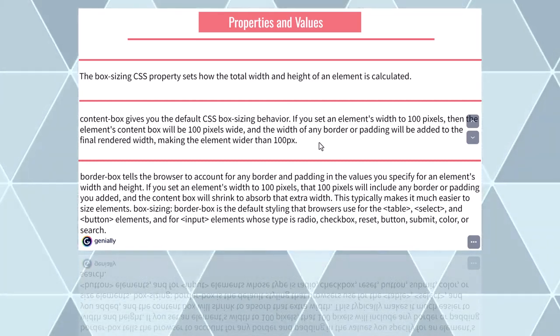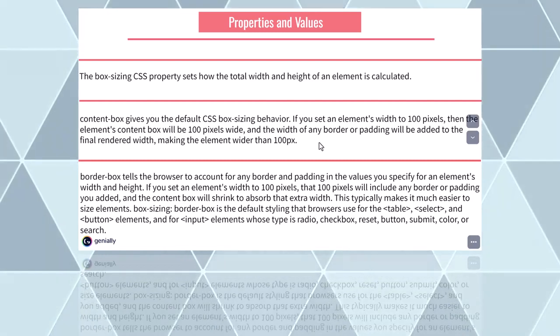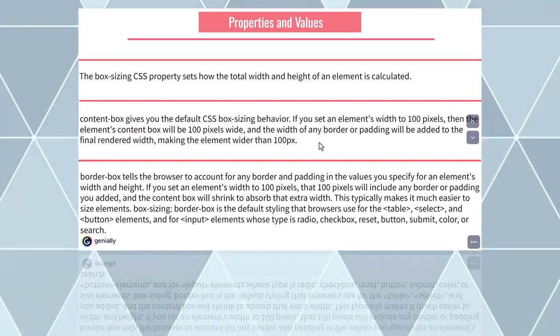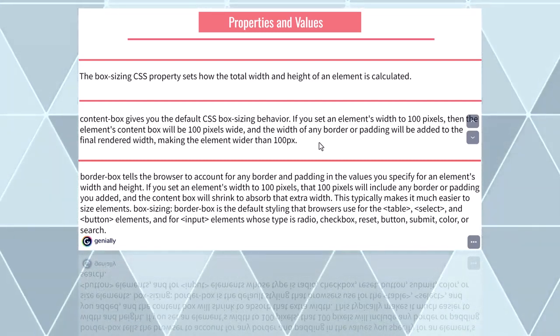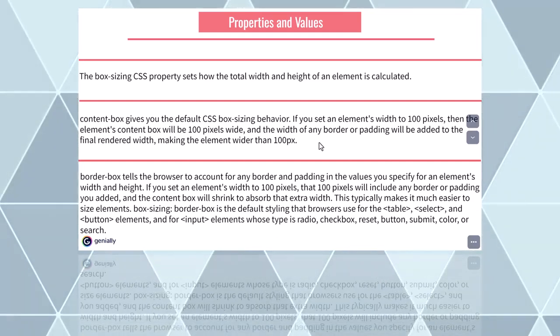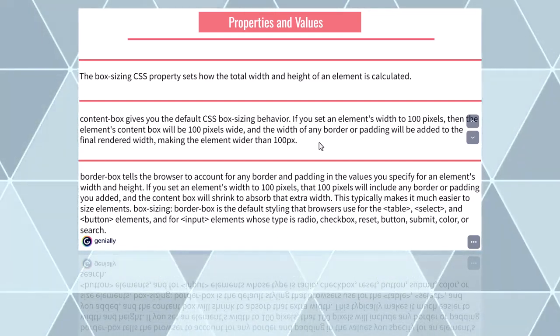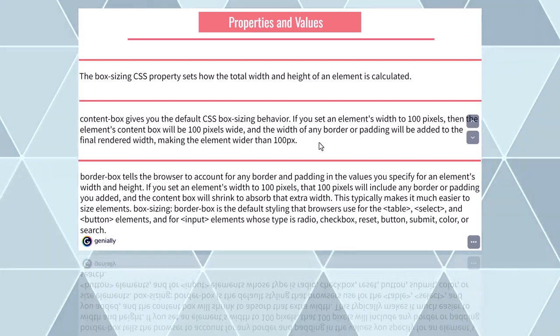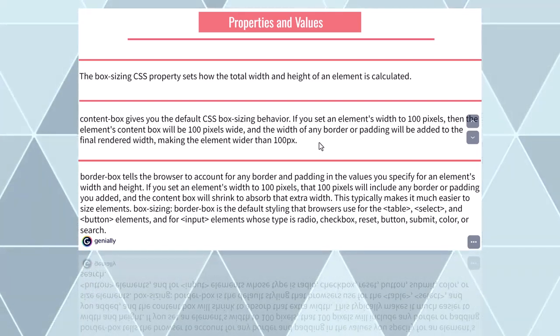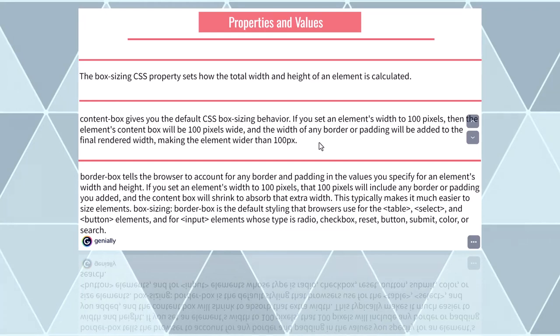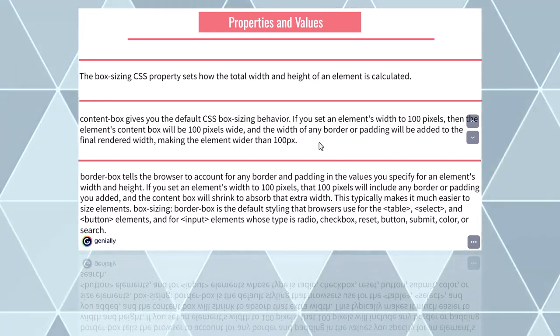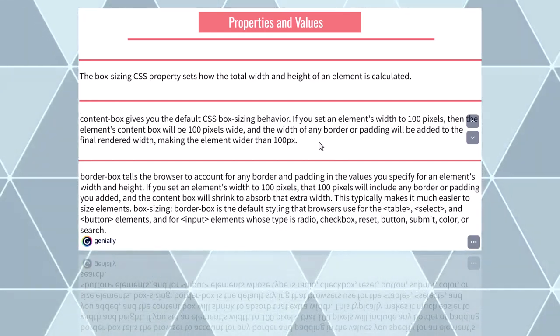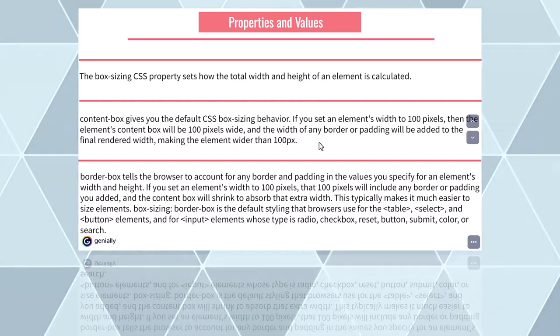I want you to picture this: the border will be here, but the content inside will shrink. In border box it shrinks so that the 50 pixels still remains 50 pixels and does not grow. In content box, it will grow. So you now understand?